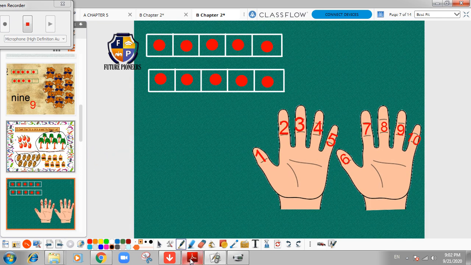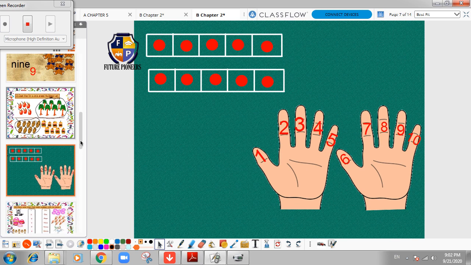Now, who can tell me how many fingers I have in one hand? How many fingers do you have in two hands? Count with me. 1, 2, 3, 4, 5, 6, 7, 8, 9, 10.